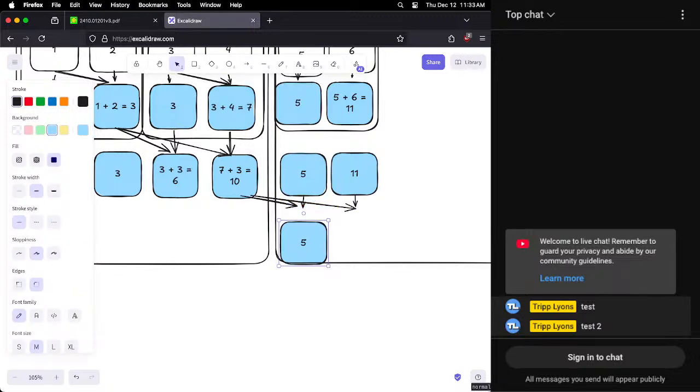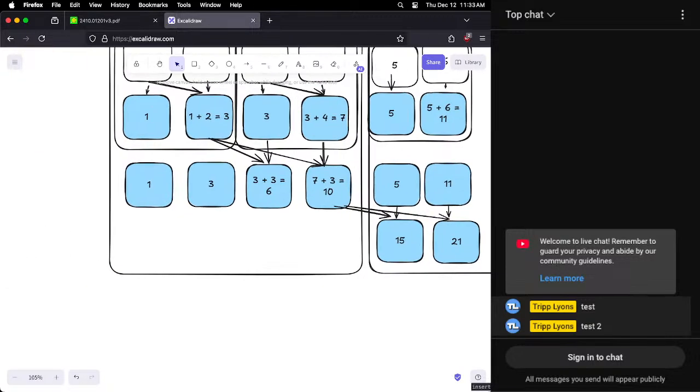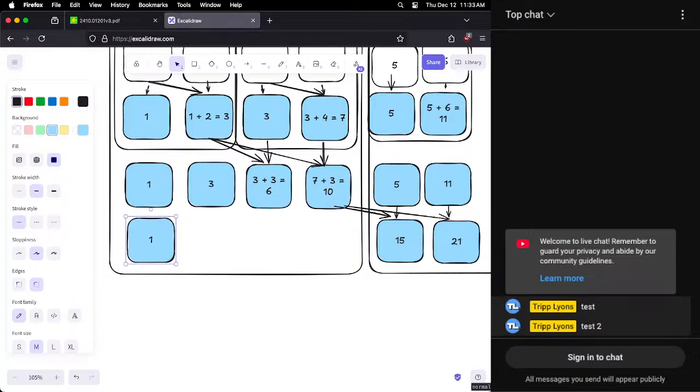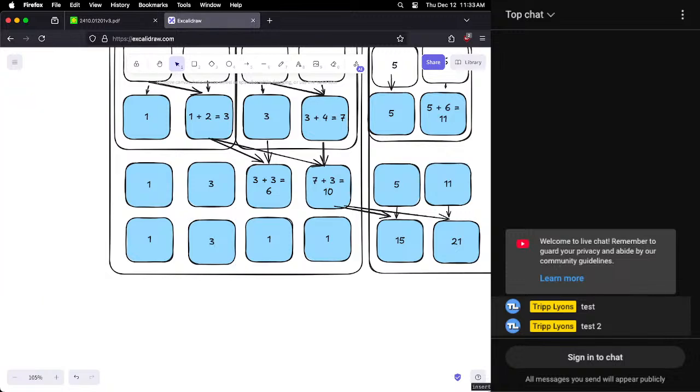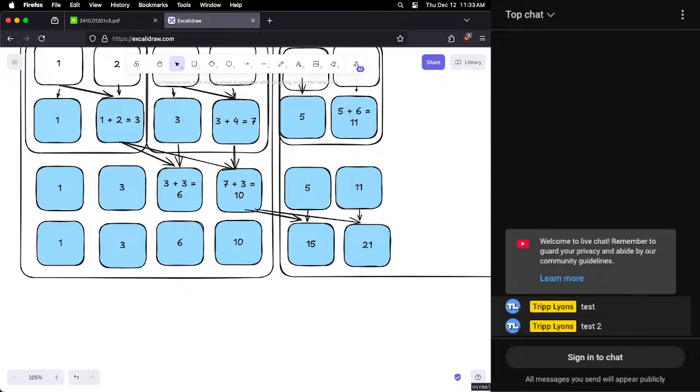And we could go further into this sequence, 15 and 21. And then over here, since this is the first in its group of 2, with 2 groups of 4, it doesn't need any updates. And this is our final result here.